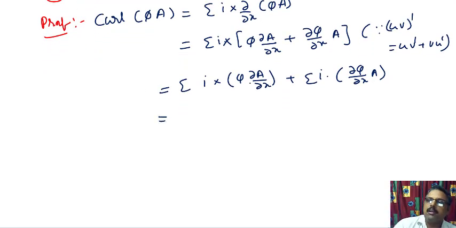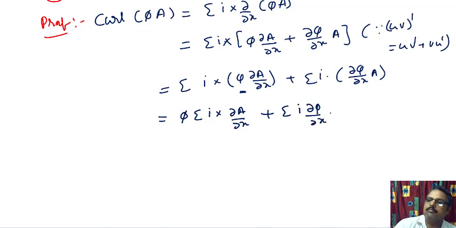Now, in this term, phi is a scalar quantity. If you write it as phi into I cross dou A by dou x, plus here dou phi by dou x is a scalar quantity. Here this is a cross product.